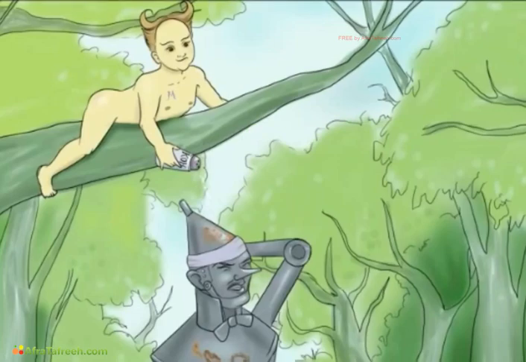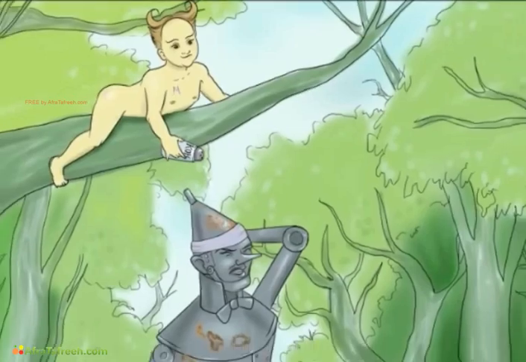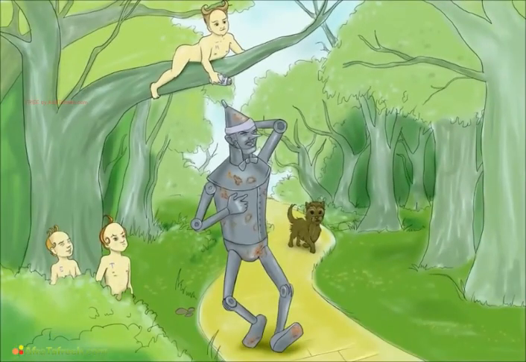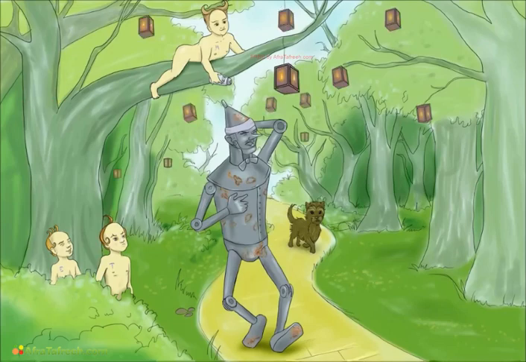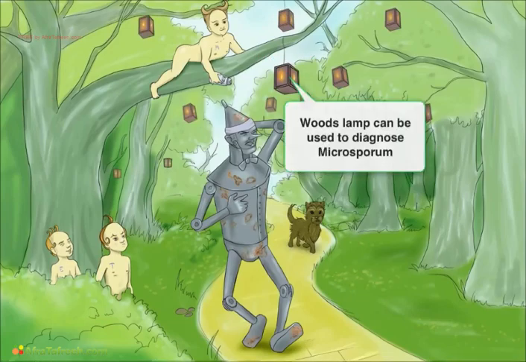I know I just said that you don't need to differentiate the 3, but this is maybe one exception that you may need to know. To represent Wood's lamps, we'll draw in some lamps in the woods. So these are our Wood's lamps, and you see that they're also up here in the tree with microsporum, which will help you remember that they only illuminate microsporum.